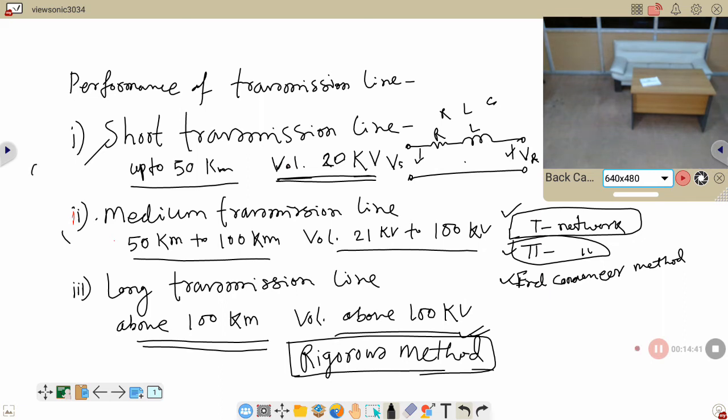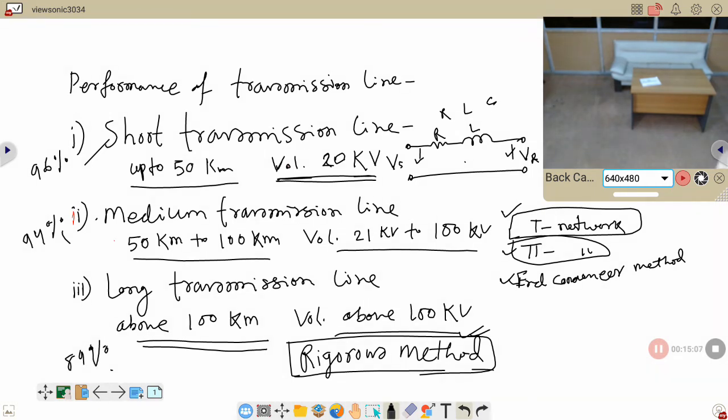Suppose in case of a short transmission line, you get 96% efficiency. Suppose in case of a medium transmission line, these are the analytical methods, we consider the capacitance, and here we get 94% efficiency. And by means of this rigorous method, you get 89% efficiency.